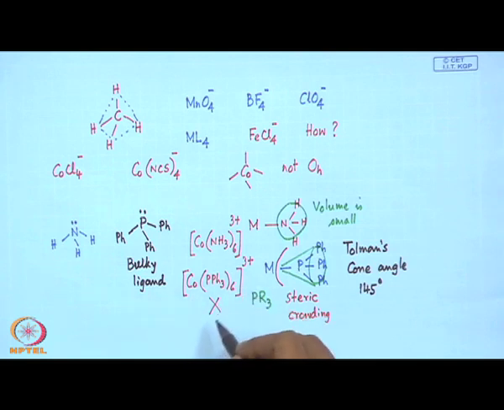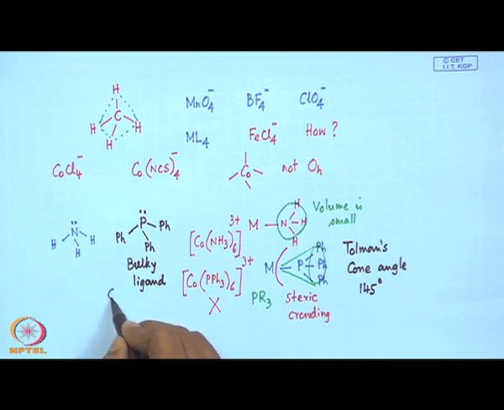So, if we go down to other metal centers, you can go from cobalt to rhodium to iridium. That means, you can move from 3d to 4d to 5d metal centers. That means, we want to increase the size of the metal center like this, to this, to this.